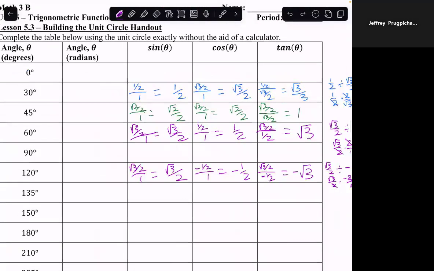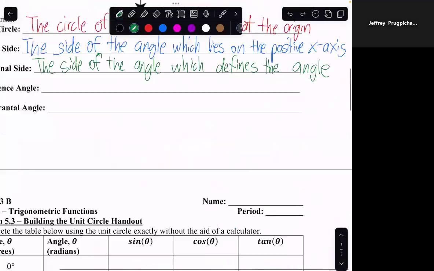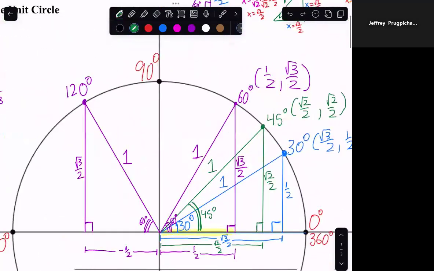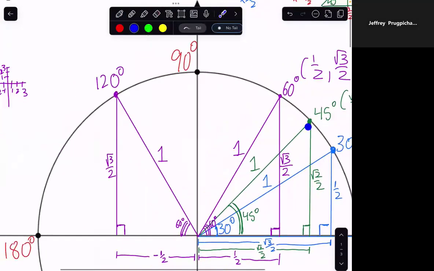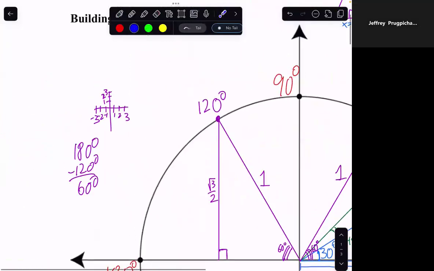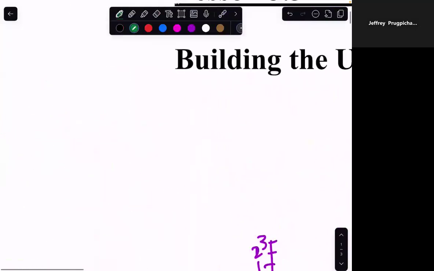Okay, so let's move on to the next angle, 135 degrees. Again, if you were color coding, maybe you can figure out which color you should use here. It's going to be the 45-degree color, because again, let me just draw this off to the side.